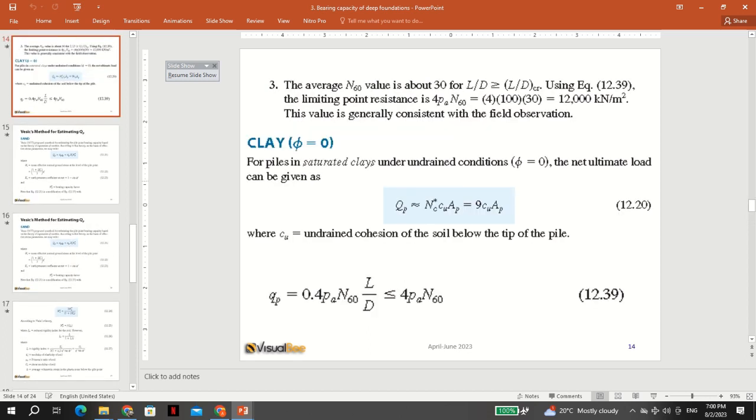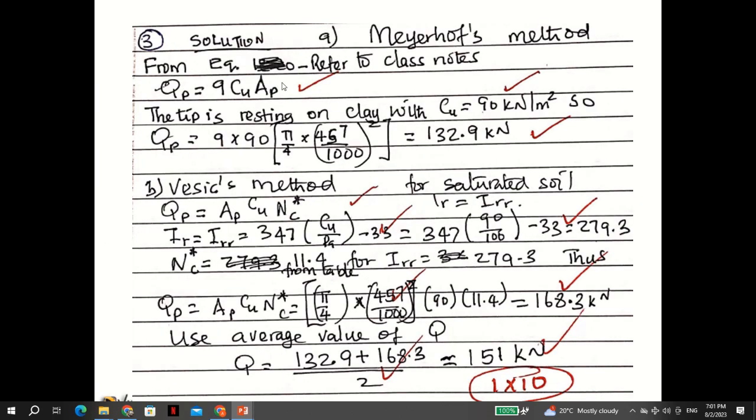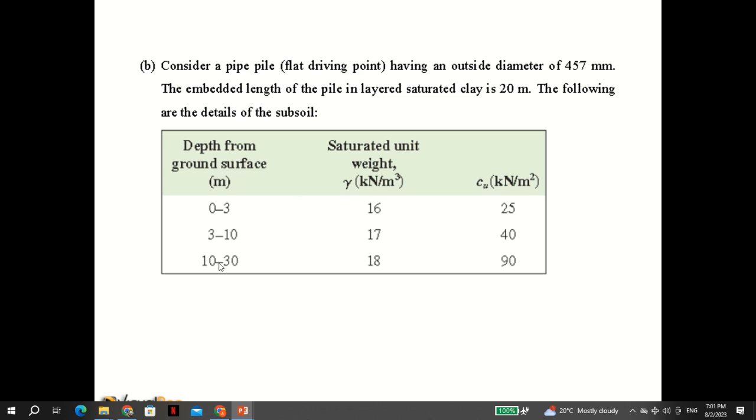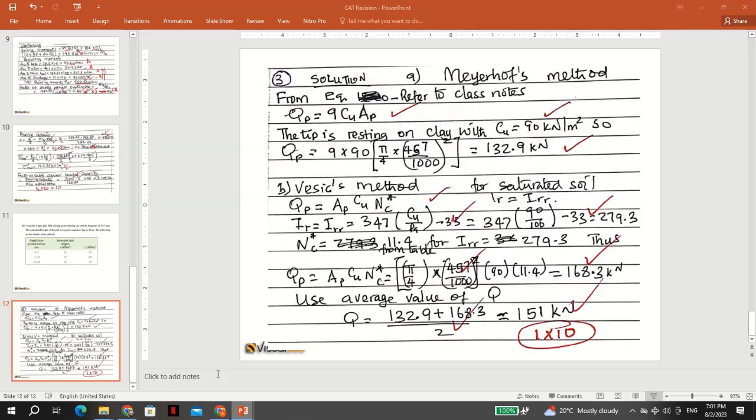So remember, this is for saturated clay, so 9 Cu, and because we are assuming phi is 0, if you check the bearing capacity factor, Nc is about 9 or thereabout for deep foundations. That's how we got 9, and for Cu, we are told the end is at 20, so Cu is 90, and the rest of the things are just geometry. So pi times 457, I get 132.9.